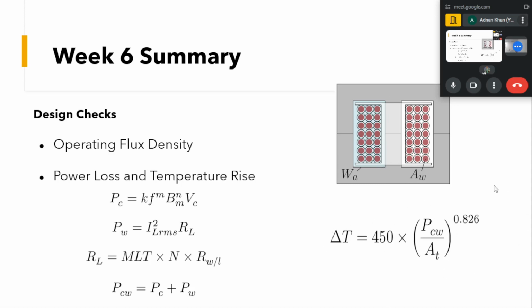This equation will give us the temperature rise, and we want our temperature rise to be below the Curie temperature, because if the temperature rise goes beyond the Curie temperature, then our magnetic materials may lose their properties.